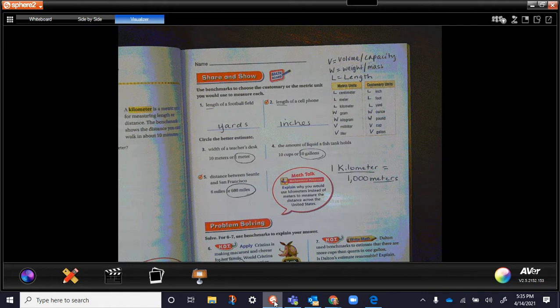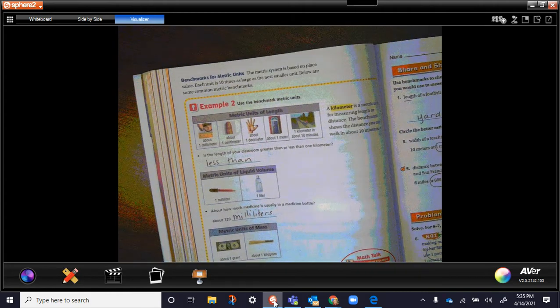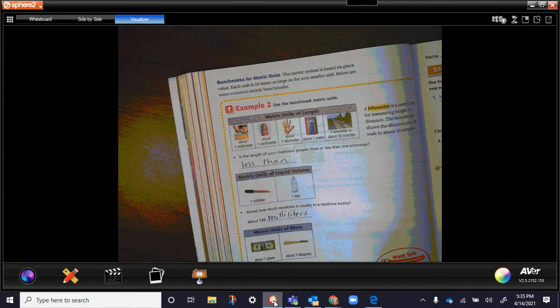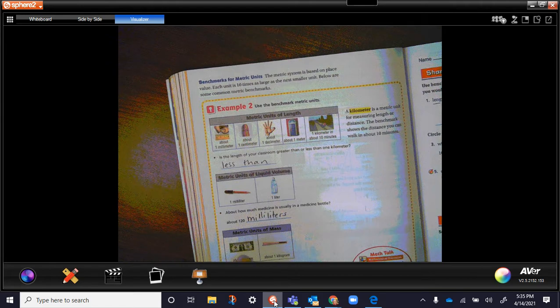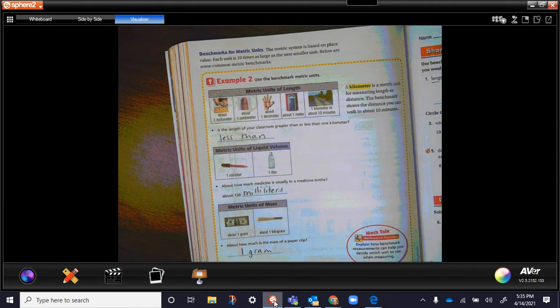Looking at these benchmarks, when you see yards and inches and meters and things like that, have something you're referring back to as a benchmark. Like the dollar bill, or I think of a paper clip. If I'm holding a paper clip, I know it barely weighs anything.